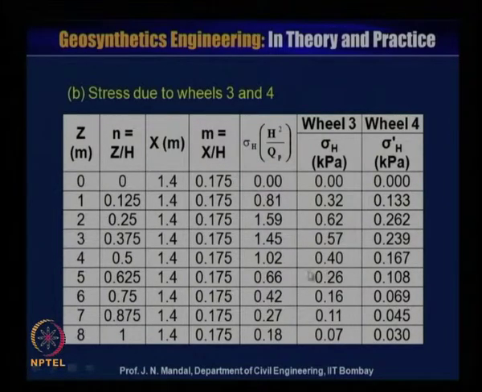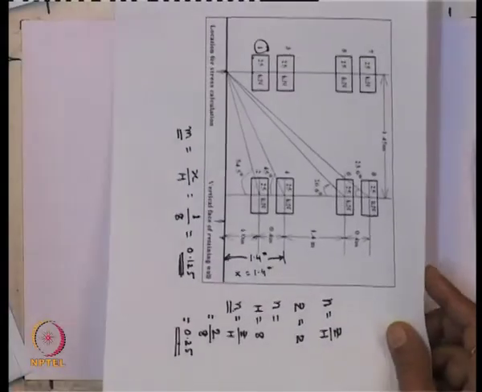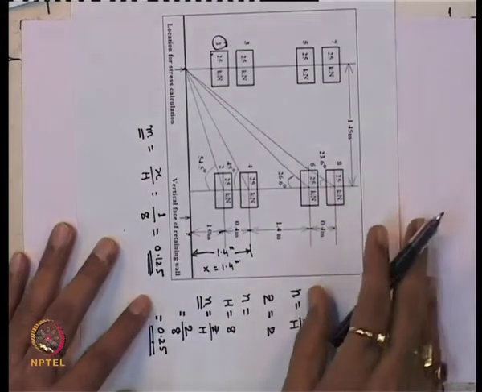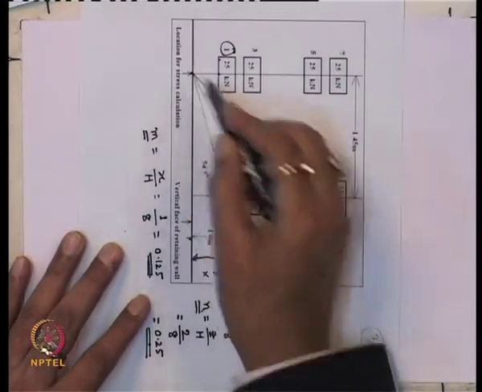So similarly, you can calculate sigma h at the different depths: 1 meter, 2 meter, 4 meter, 5 meter, 6, 7 and 8 meter. Now we are considering wheel 4. Here you can see that for wheel 4, we are calculating the stress at this point.